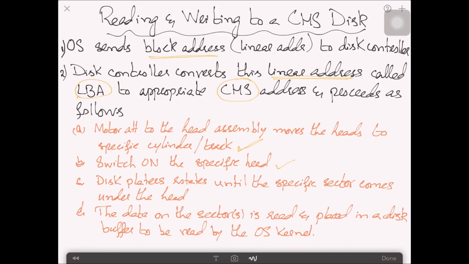The disk platters rotate until the specific sector comes under the head. And when the specific sector or sectors come under the head, the data on that sector is read and placed in a disk buffer to be read by the operating system kernel later on. So students, this is how the hard disk is read. And the same is the procedure for writing to the hard disk.